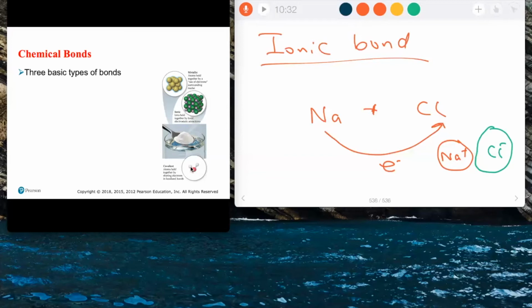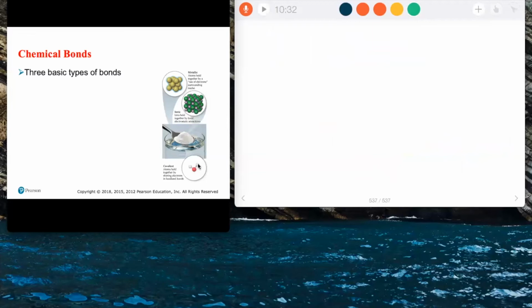The water molecule you see here, all right, we'll see later on why this molecule assumes this shape. Oxygen being red, hydrogen white, the sharing of electron. Hydrogen has 1 valence electron, and oxygen has 6 valence electrons. We'll see this in a moment.